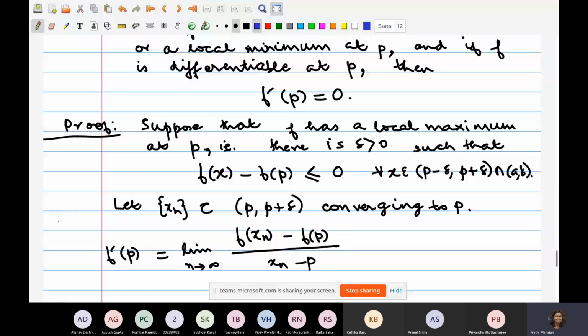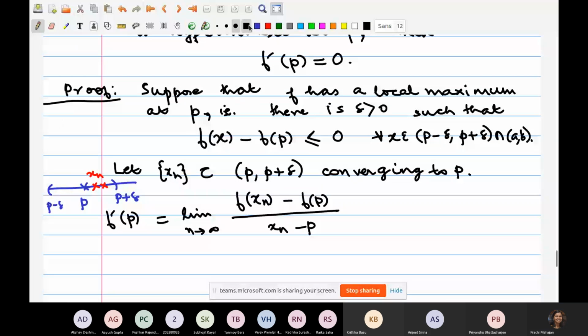Let's say p is here, p plus delta is here, and p minus delta is here, and here are xn's. The xn's are points tending to P from the right. So the denominator is always positive, which means this difference quotient is always negative, and so would be the limit. Is that okay?